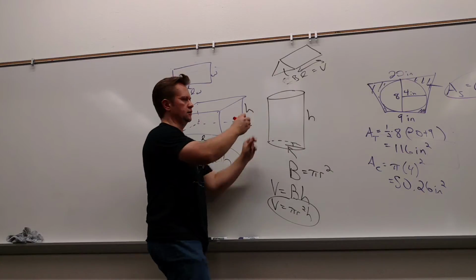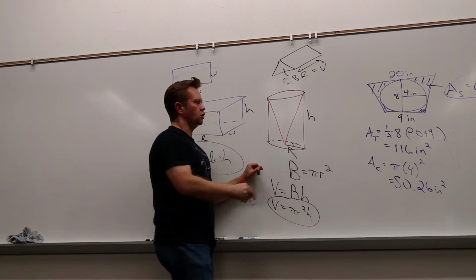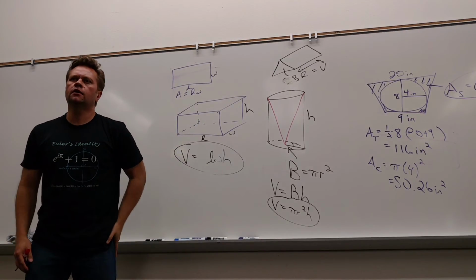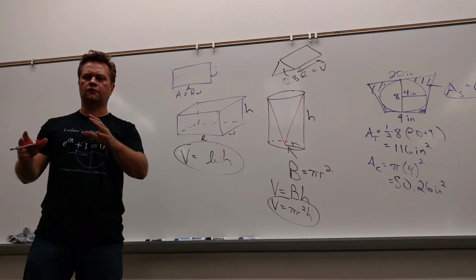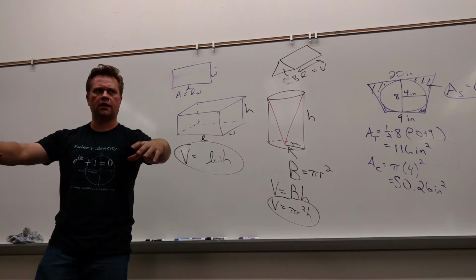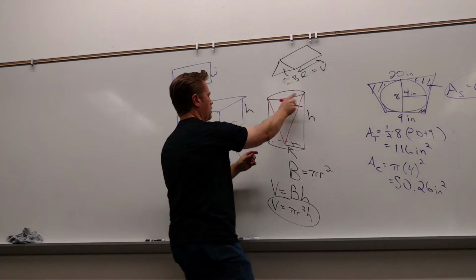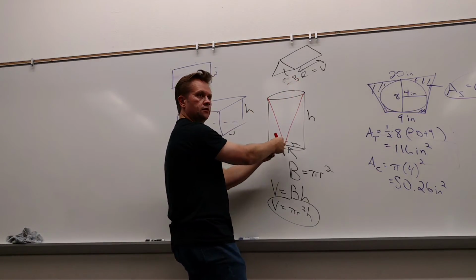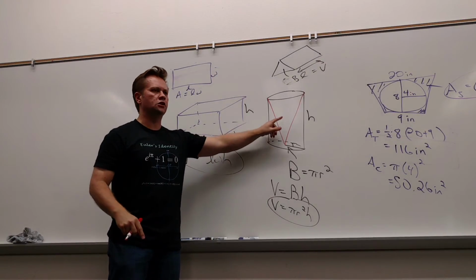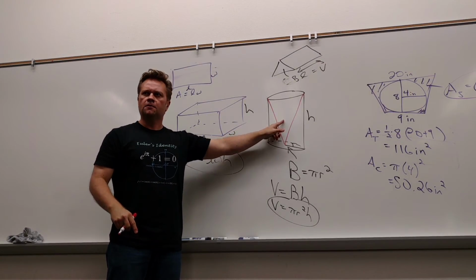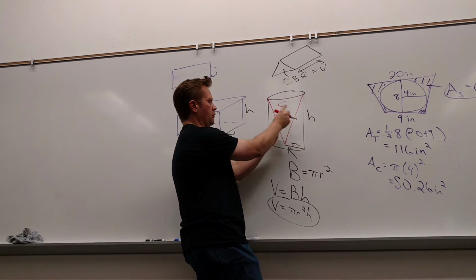If I cut a cone out of this thing, and a cone is the simplest example of a pyramid, believe it or not. A pyramid is defined to be all the corners of the base come up to one point. Well, my base is a circle, so all of the circle comes down to one point. This is what's difficult to see in a 2D picture like this: the empty space is not just here, it's all the way around it.